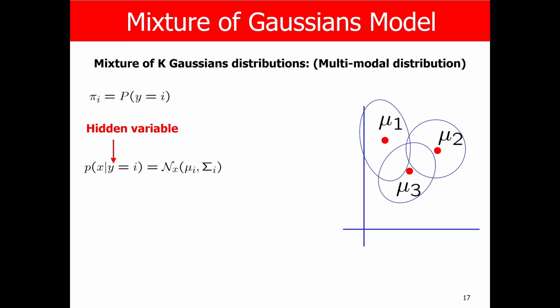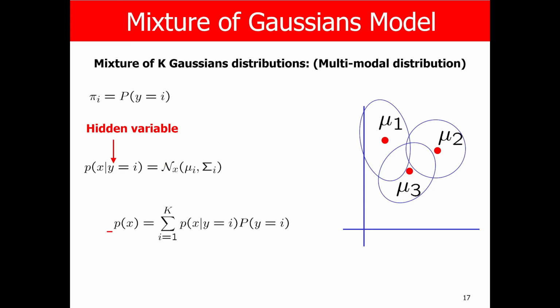After we selected a Gaussian distribution with mean mu i and covariance sigma i, we will use this distribution to generate a random point x. So the conditional distribution of x given that y is i is just a Gaussian distribution with mean mu i and covariance sigma i.